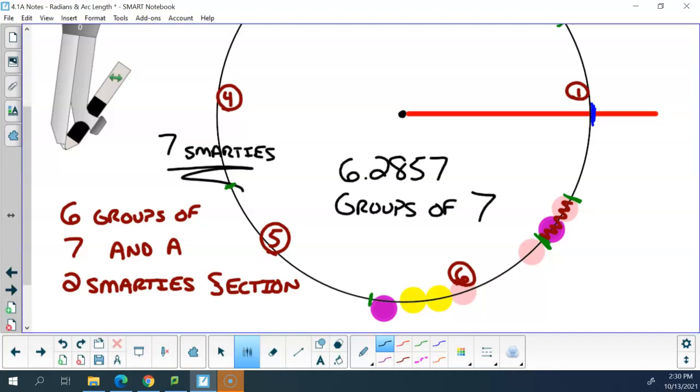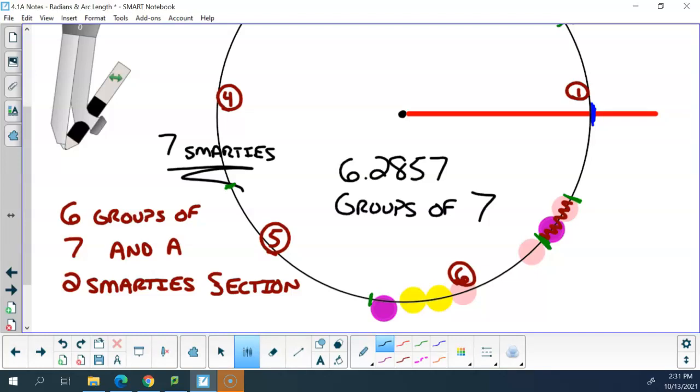Right? 6.28. Sounds familiar. Anybody? What do you got, Joe? 2 times pi, right? Okay. Because pi is usually like 3.14. Anybody know what the circumference of a circle is?